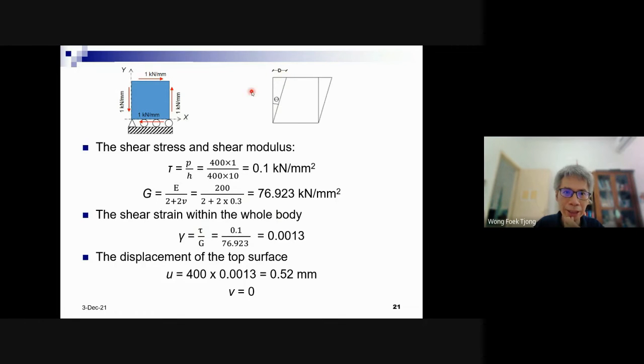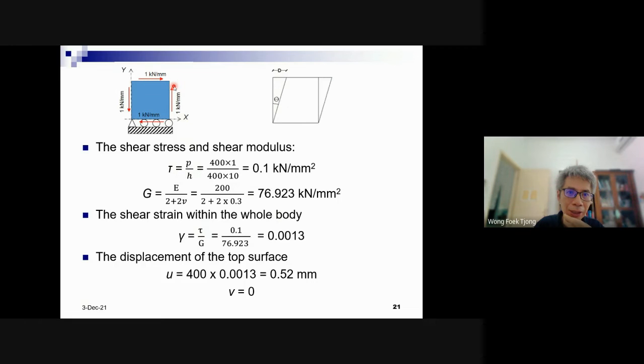Well, the shear stress is just the force divided by the area. The force is 400, because this is 400, this is also 400, 400 times 1.